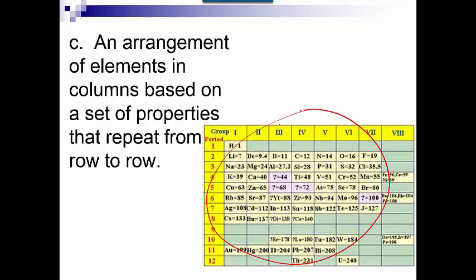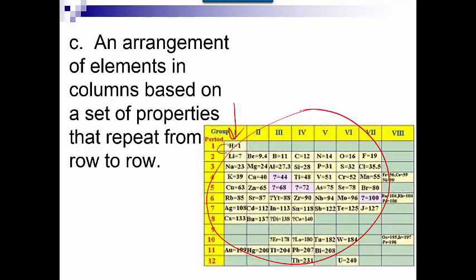So he just had these group numbers across the top, and he just put the symbols for the elements, and he based it again off their common properties. So the arrangement of the elements, if they're in this same group, they have similar characteristics, just like in a family, you would have similar characteristics. And the properties repeated from row to row.